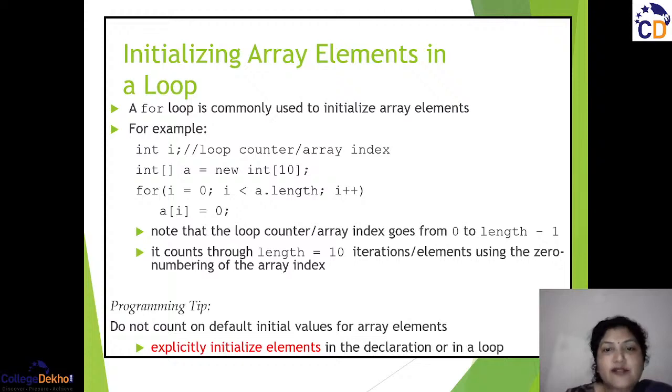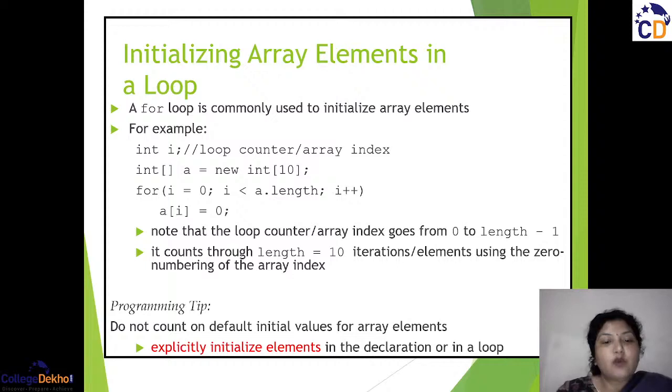Now, what does this length do? So, it is holding a.length. So, length of the array is what? Length of the array is 10. So, it is saying length of a. Now, length of a is what? 10. And then it is going to increment that part and initialize the first element with 0, right?